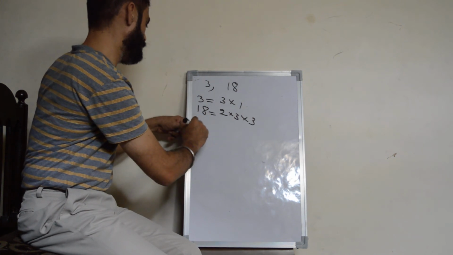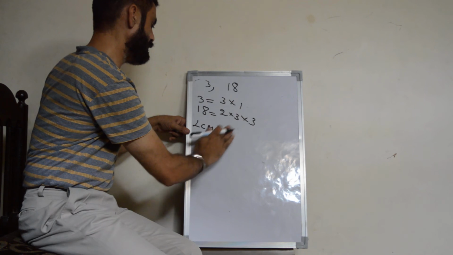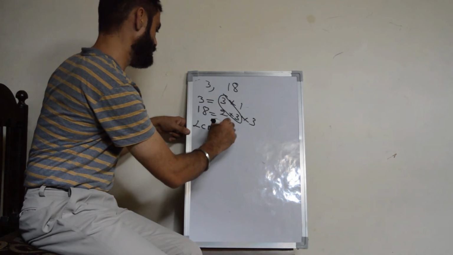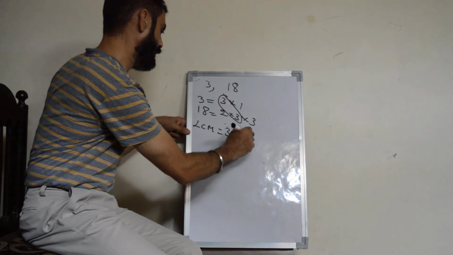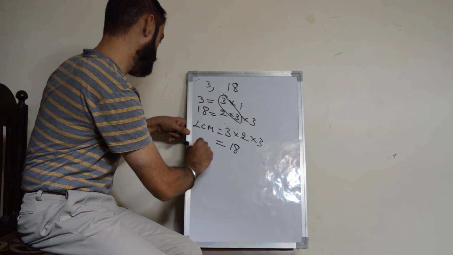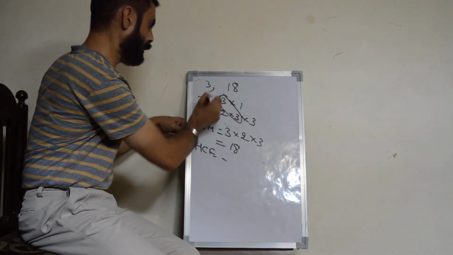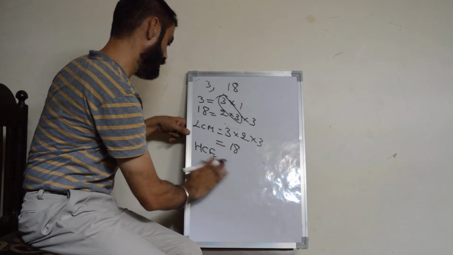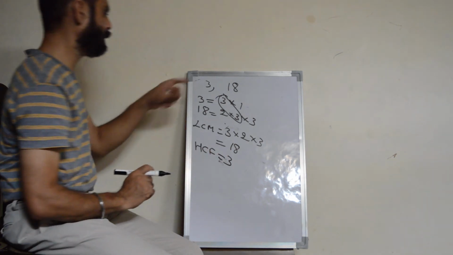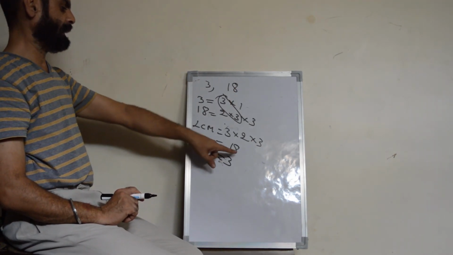So LCM will be, first we take the common one, that is 3, then 2 and then 3, it is 18, and HCF will be only the common thing, common is 3. So HCF is 3. So now the product of the two numbers, 18 into 3, is 54, and the product of 3 and 18 is 54.